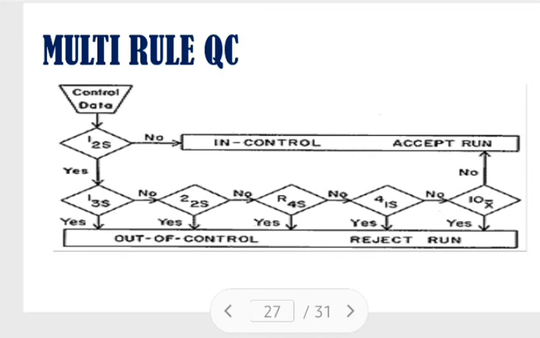Next, we have the multi-rule quality control. So in manual application, the presence of 12S, it is the warning sign, so it triggers the application of the other rules.